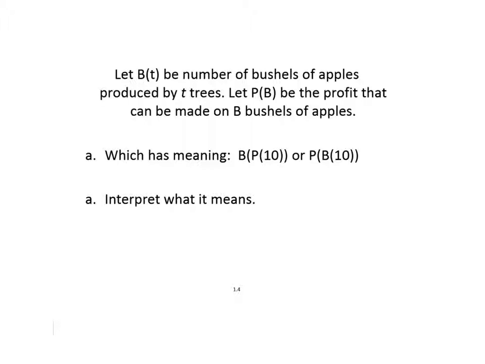So the number of bushels, and then this is the profit based on those number of bushels. This would be the profit on 10 bushels. So it's certainly that one, okay? And we already have done that, so it's the profit.